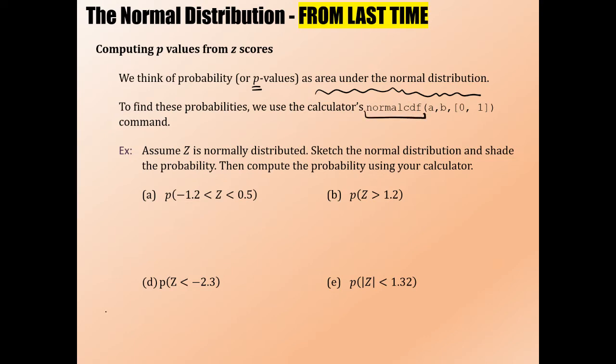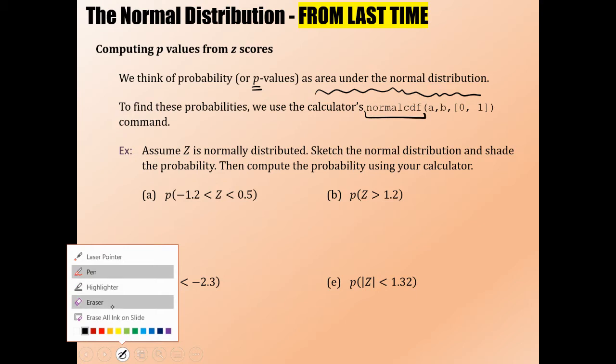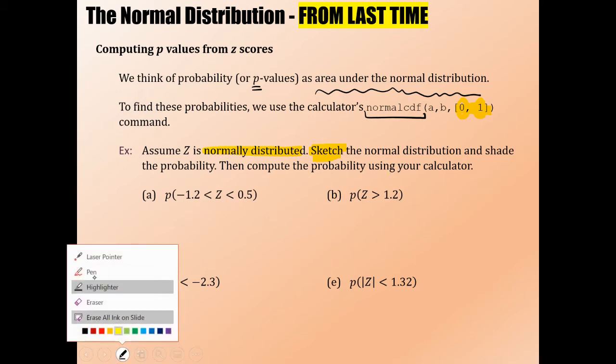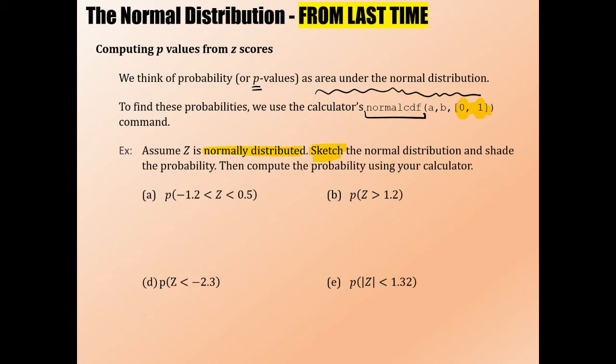As you heard about last time, this 0, 1, the mean and the standard deviation, your calculator is assuming that that's true. So we're assuming that these are normalized. Assume Z is normally distributed, sketch the normal distribution and shade the probability, then compute the probability using a calculator. So let's go ahead and sketch and label it and shade it, and then I'll pull up the calculator and we can go through that.